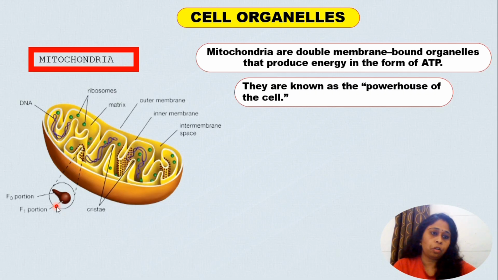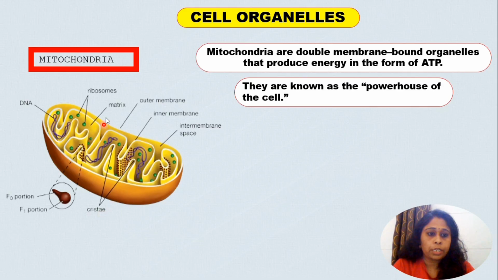And when we talk about the structure of mitochondria, a mitochondria has an outer membrane, inner membrane, and a matrix. Outer membrane is basically smooth and permeable, while inner membrane is folded into various structures called cristae.